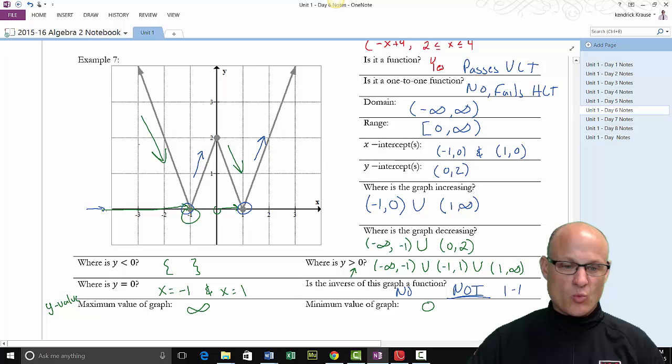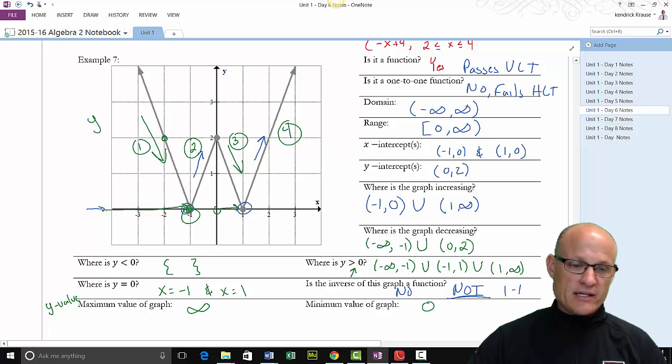It has 4 pieces. 1, 2, 3, 4. And I'm going to write their equations right here, and then we'll work with the domain. So this one here has a slope of negative 2. So y equals negative 2x minus... Now, if we went down 2 over 1, I would be at the y-axis. So that would be minus 2. This piece over here has a slope of positive 2x.